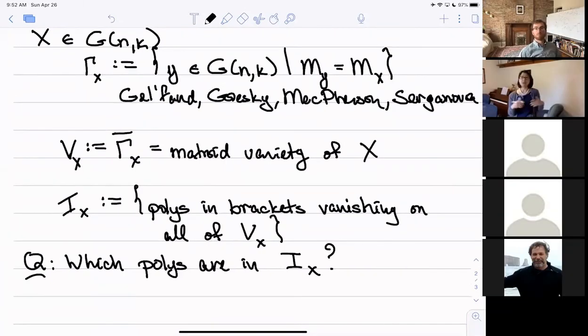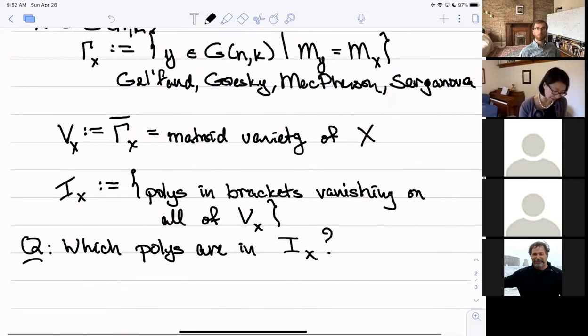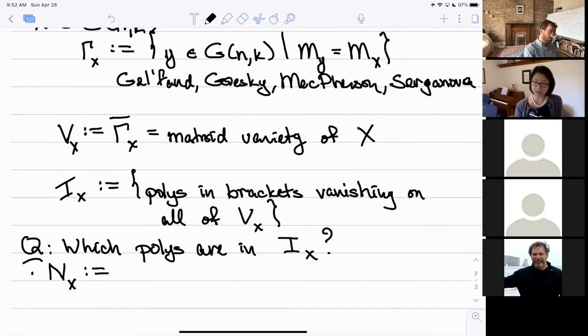Well, there are some that are kind of obvious, so let's think about those first. I claim that if we look at this set that I'm going to call N sub X, these are the ones that are trivially in there, and we've seen some of them before. They're just brackets that correspond to non-bases.